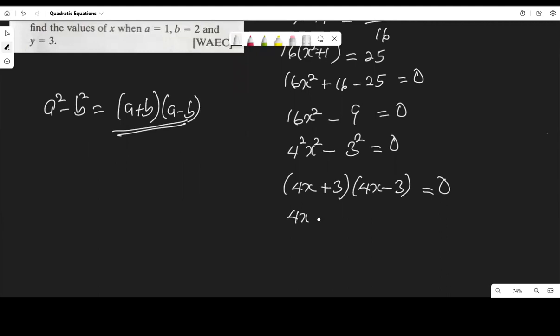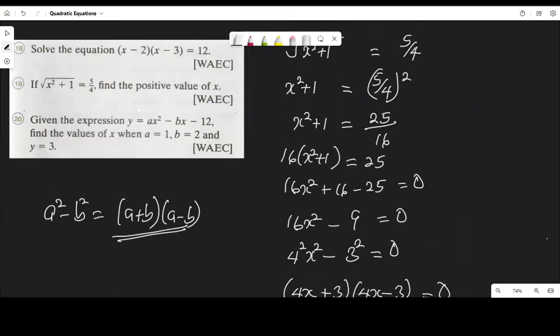Meaning 4s plus 3 is equal to 0, or 4s minus 3 is equal to 0. Hence 4s is equal to, if I move plus 3 here, that is 0 minus 3, which is minus 3, or 4s, again moving minus 3 across the equality, it becomes 0 plus 3, which is plus 3.